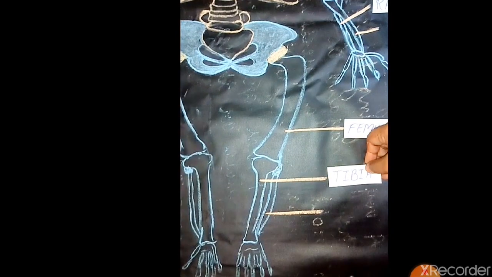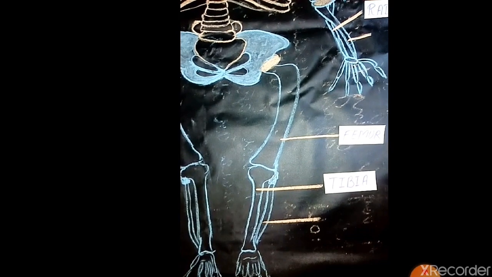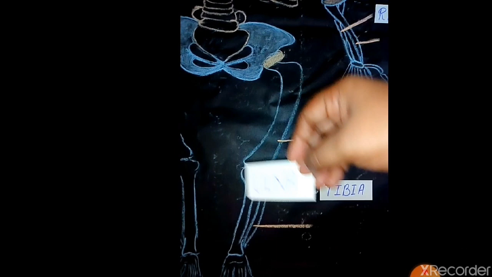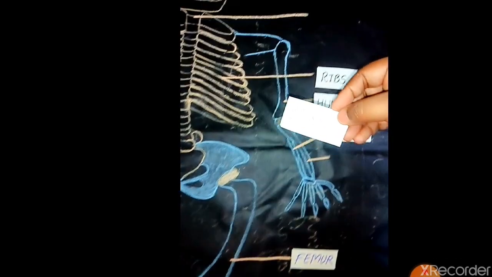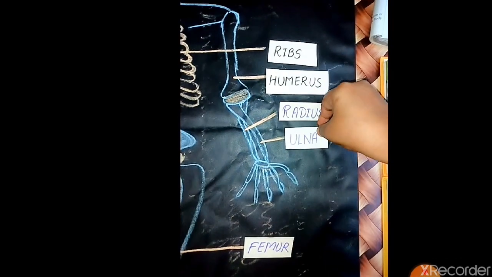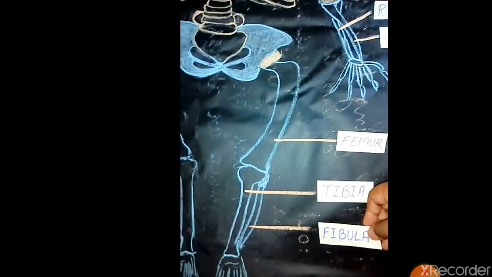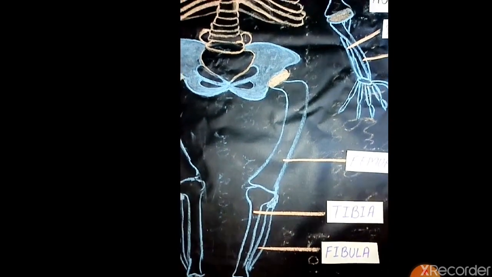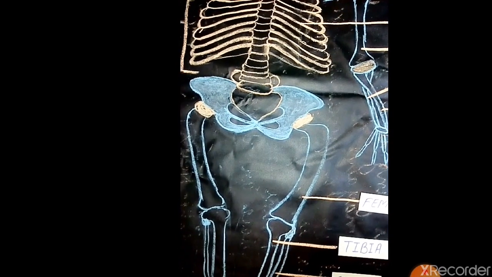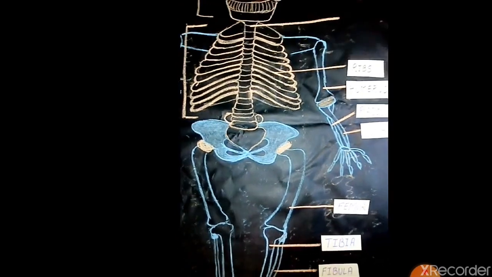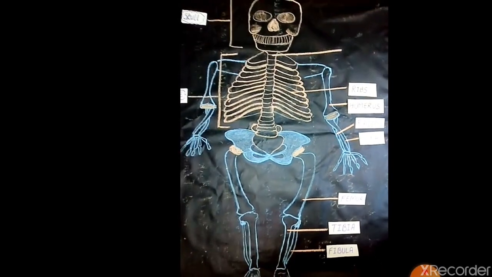Tibia. Very good. Tibia is the lower part of the leg. Ulna. Ulna is, yes, the next part of the forearm. Good. Fibula. Tibia and fibula are the lower leg portion. Good. It means you have learned about all the bones.